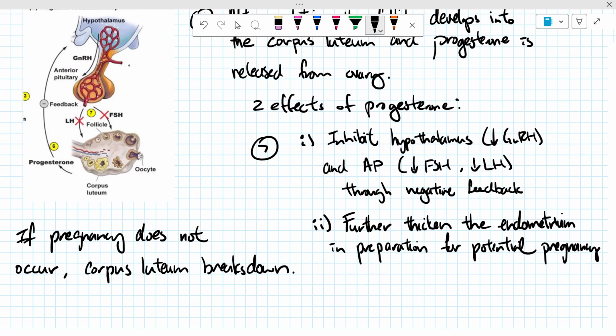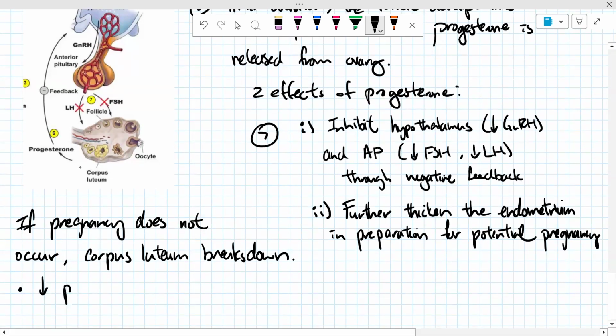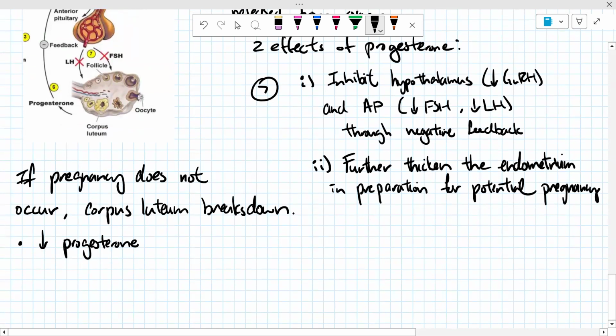So help me out here. If the corpus luteum breaks down, what hormone level is going to drop? Progesterone? That's right. So we would have decreased progesterone, because progesterone is produced by the corpus luteum.